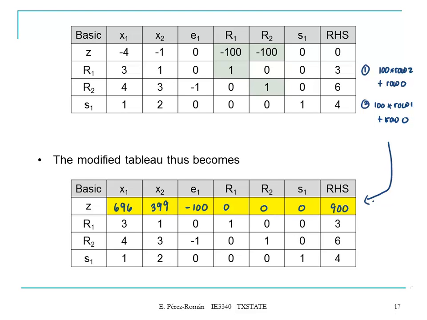So in order to make them 0, we perform our row operations, and that gives us this new tableau. Using this tableau, we can apply the simplex method because we have the format we need for those basic variables. So we have R1, which is an artificial variable, equals 3, R2 equals 6, and S1, our slack variable, equals 4.